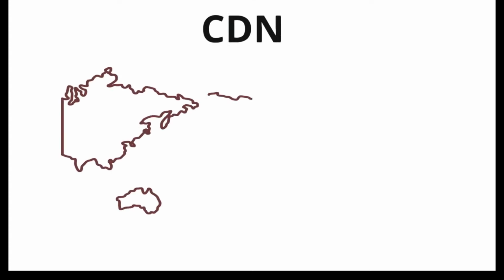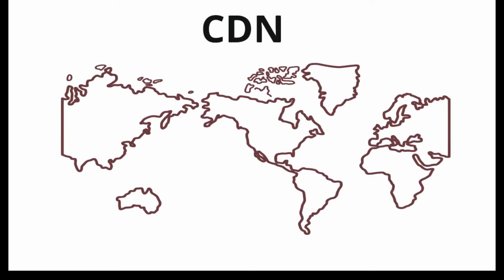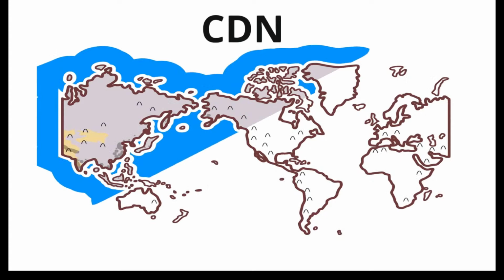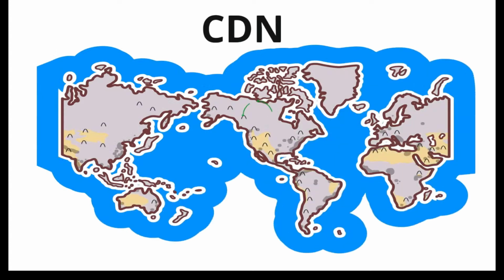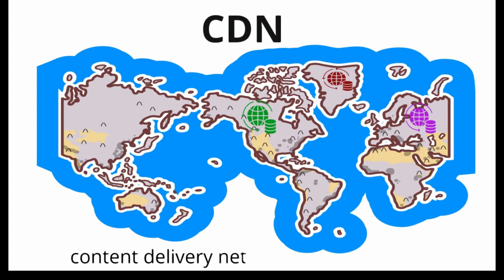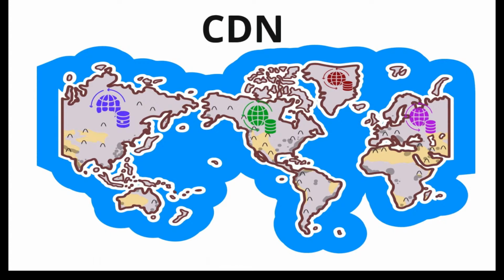When someone visits a website, instead of fetching content from the main server, the CDN delivers it from a server that is geographically closer to the user. A CDN is a network of servers distributed around the world that helps deliver content to users faster and more efficiently.